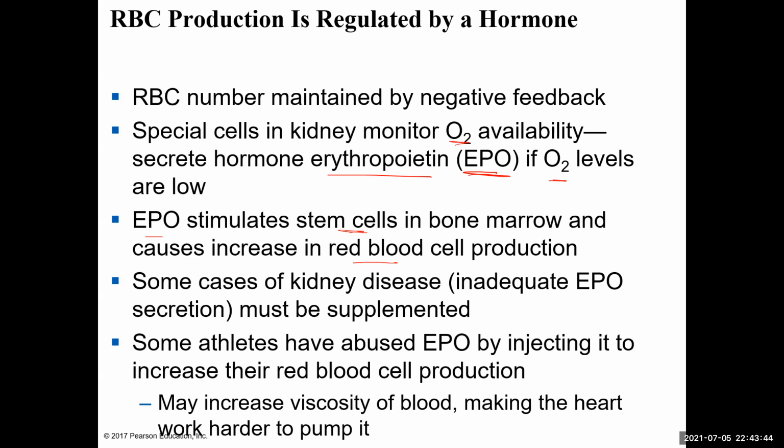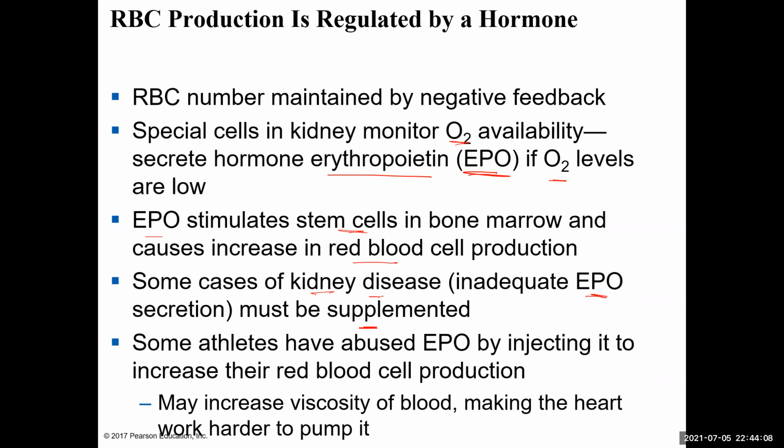Now, in some cases, you can get kidney disease, or certain kidney diseases where EPO is not being secreted like it should in response to those low oxygen levels. And so that hormone needs to be supplemented through some sort of medication. Okay?